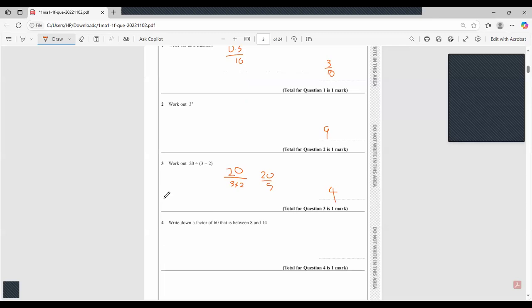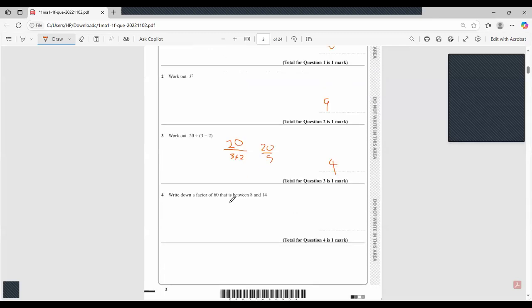Okay, next one. Write down a factor of 60 that's between 8 and 14. Off the top of your head, what are the numbers that when you multiply them will give you 60? That you know. 6.